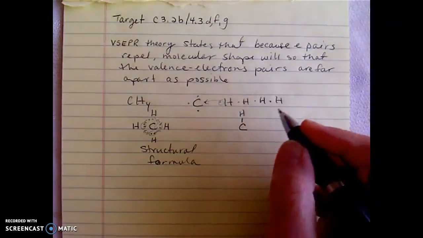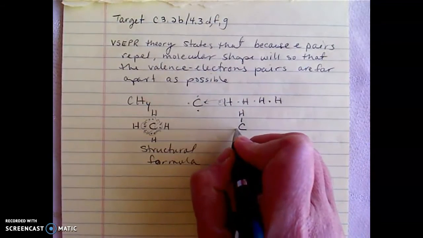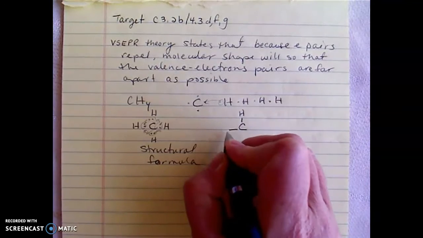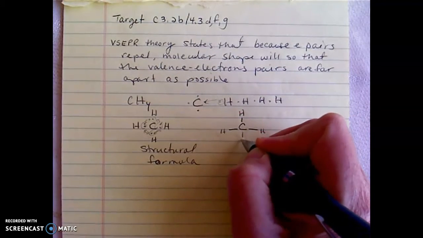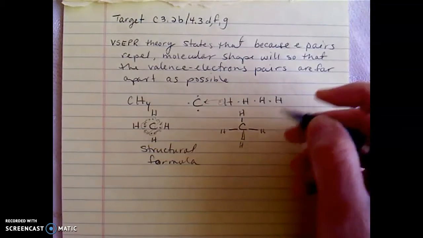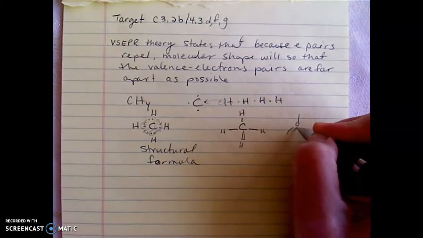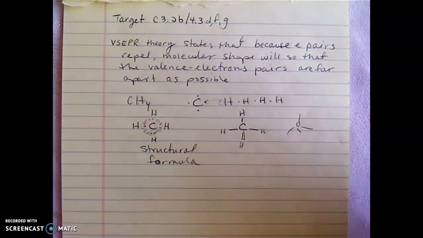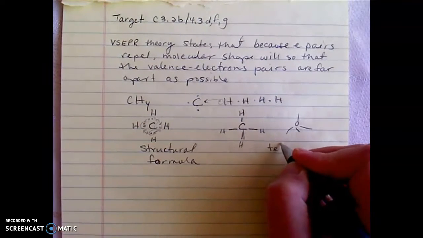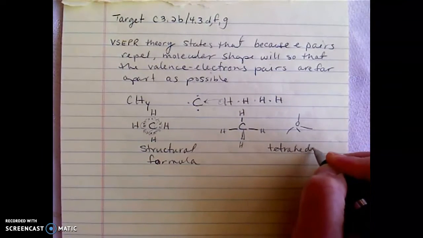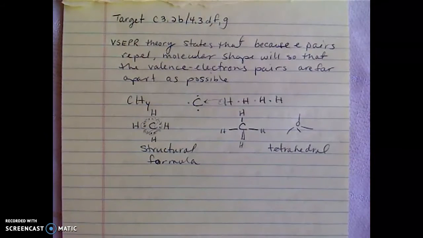You'll have another one that is going slightly back, another one that's going slightly back, and then another one that's coming out in the front. Sometimes we'll just draw it like this so it looks like a little tripod on the bottom. Okay, this is known as a tetrahedral. This is the farthest apart that any atoms can get.